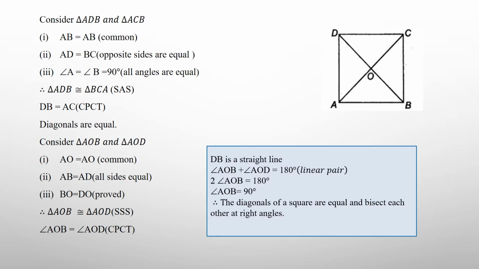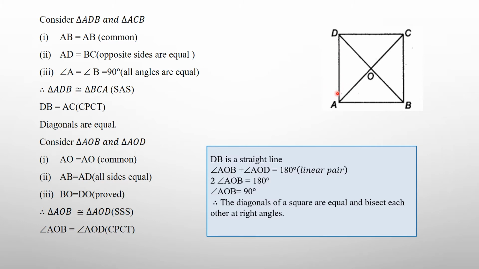Now we are going to prove the diagonals are equal, that is AC is equal to BD. For this, let us take the triangle ADB and ACB. We can see the side AB is common for both the triangles. So the first condition is AB is equal to AB common. Now we can say AD is equal to BC, all sides are equal, or we can say opposite sides are also equal.